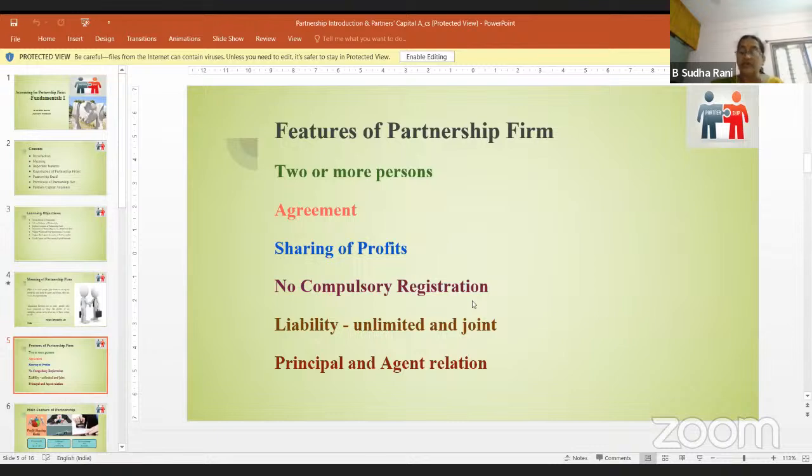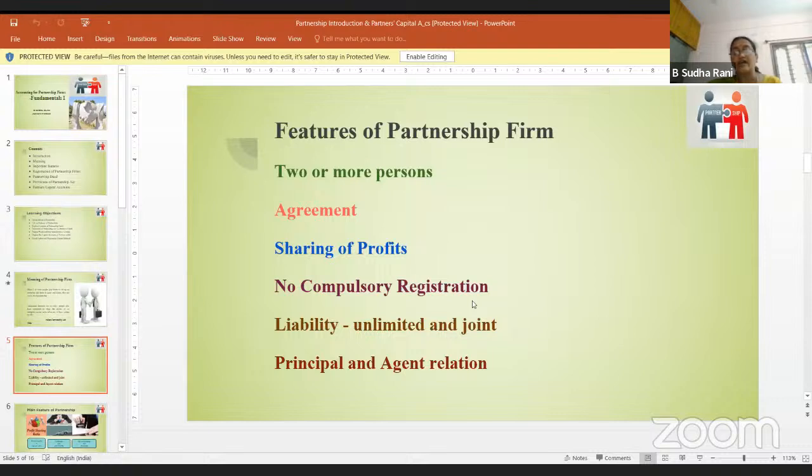Next one is liability. Liability of the partnership members is unlimited and joint. Unlimited means their private properties also will be considered. Say, for example, all the partners together kept some 5 lakhs in the business, and the firm got into losses, and the total liability of the firm was realized as 7 lakhs. So the more 2 lakhs liability has to be cleared by the partners.